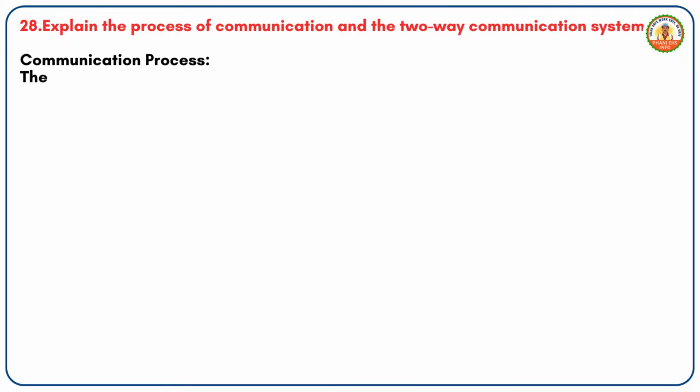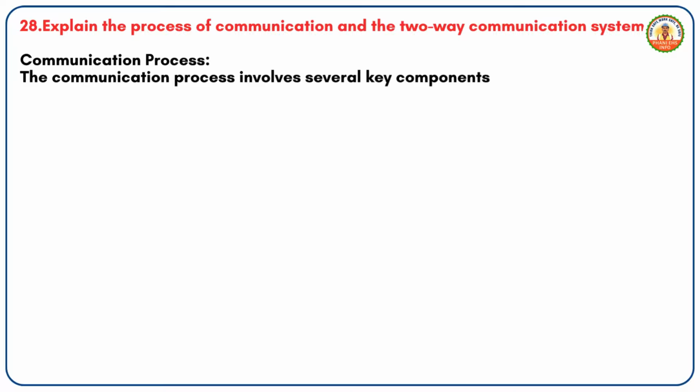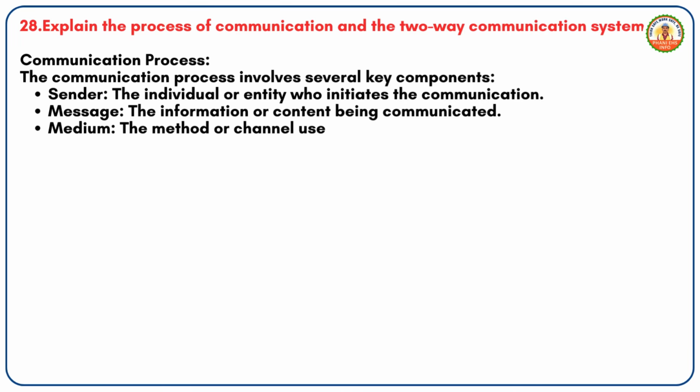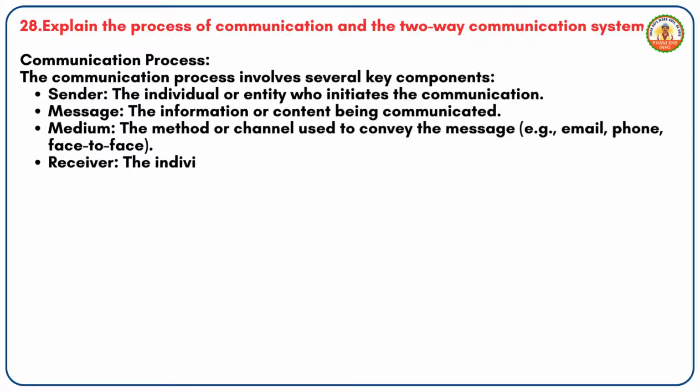28. Explain the process of communication and the two-way communication system. Communication process. The communication process involves several key components. Sender, the individual or entity who initiates the communication. Message, the information or content being communicated. Medium, the method or channel used to convey the message, example, email, phone, face-to-face.